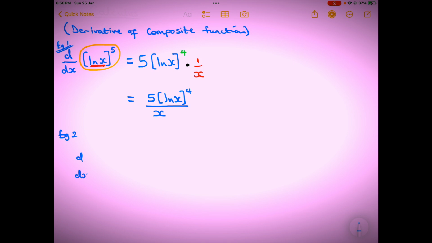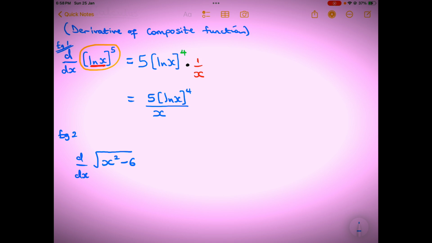You are given d/dx of the root function, the square root of x squared minus 6. Okay guys, let's have a look at something here. Whenever you are asked to take the derivative of any function and you see the root sign, you need to get rid of the root sign before you take the derivative.